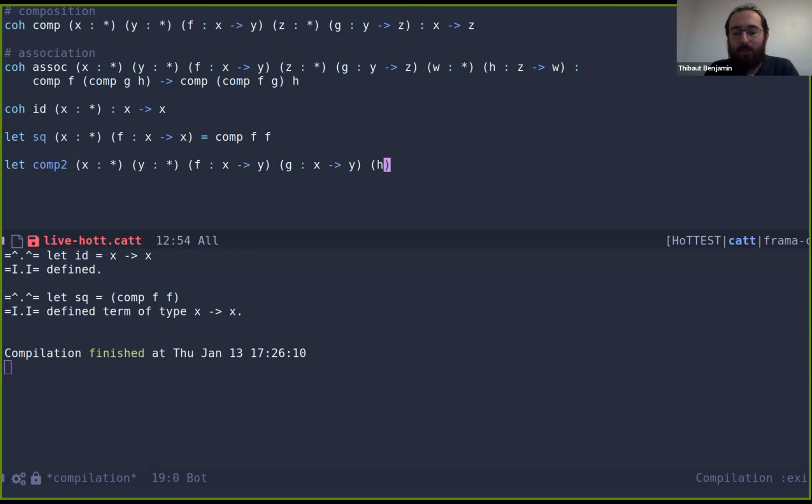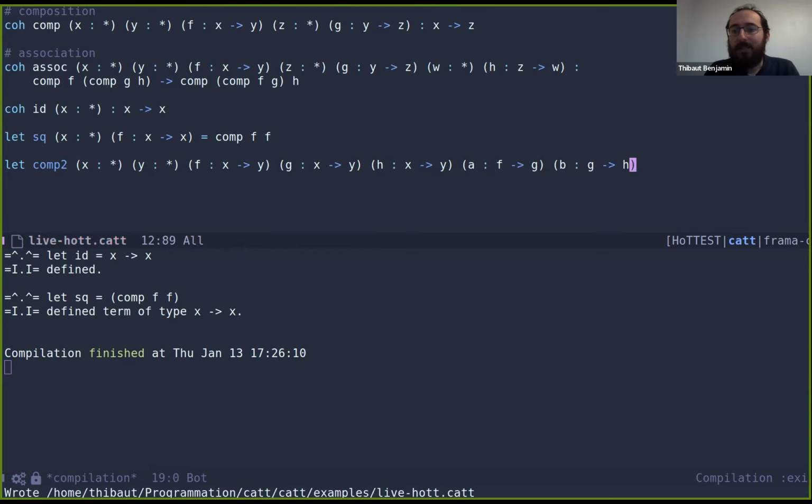I take H, which goes again from X to Y. And now I'll take two cells. I'll take A, which goes from F to G, and I'll take B, which goes from G to H. So now it's like two cells that compose nicely, one after the other.